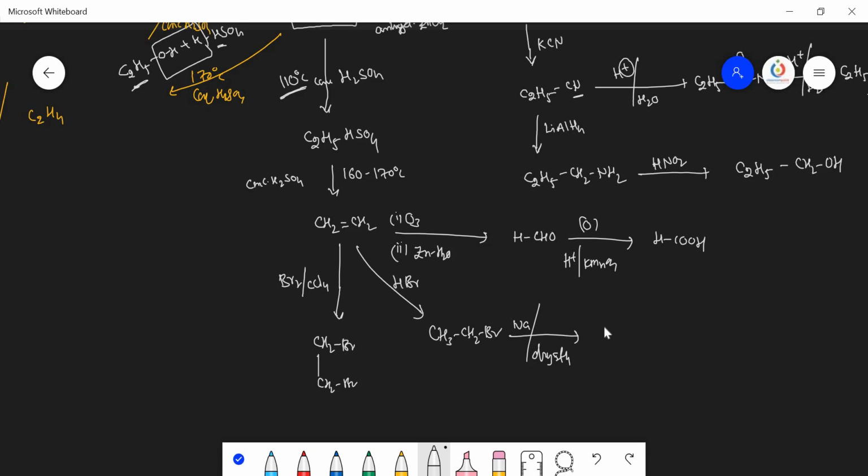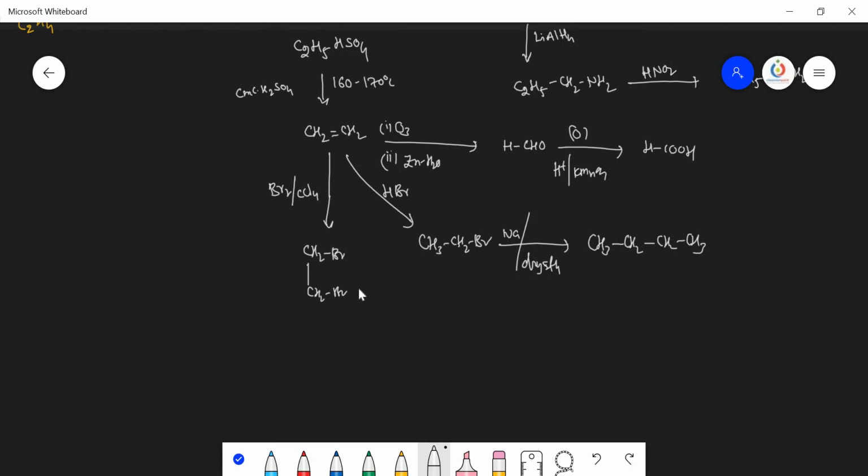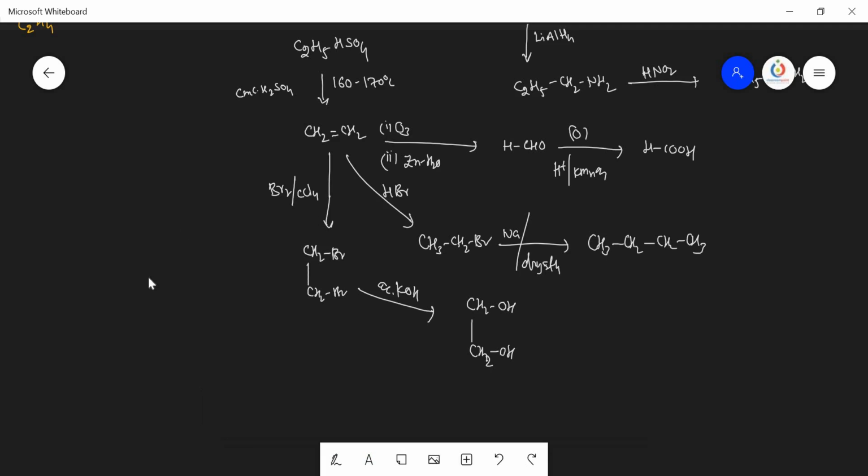This is the Wurtz reaction. Now the product is CH3CH2CH2CH3. When this is subjected to aqueous KOH, you get CH2OH, CH2OH, ethylene glycol. So in many ways we will get this type of products.